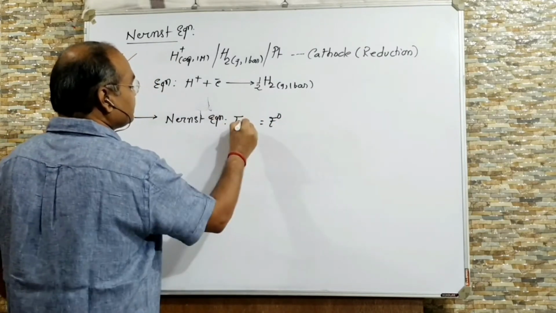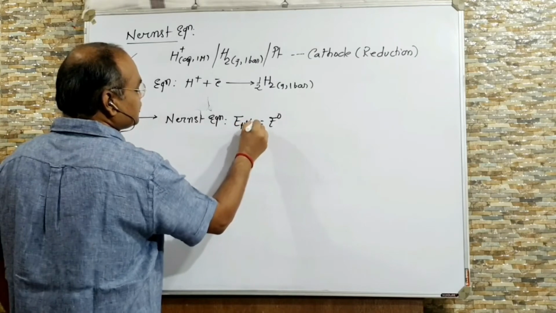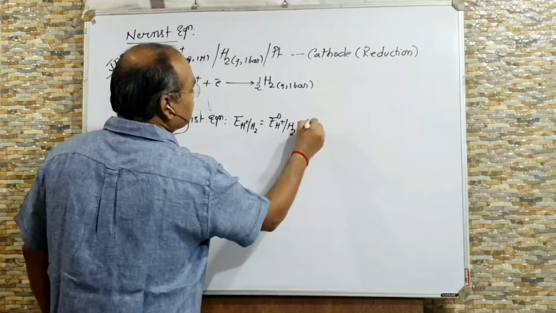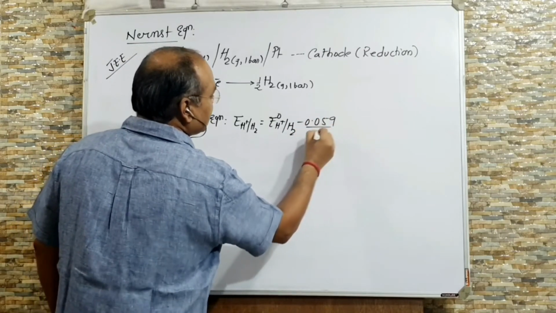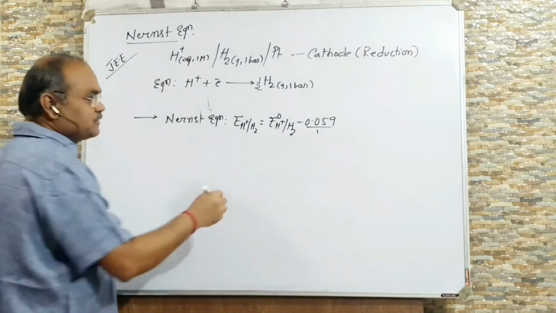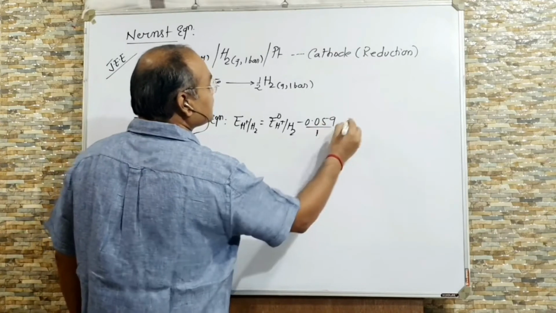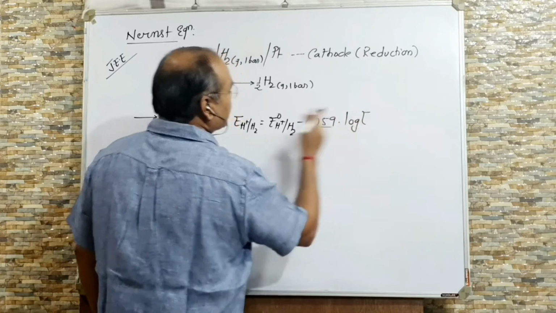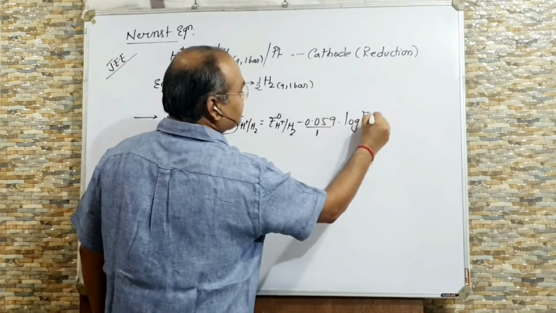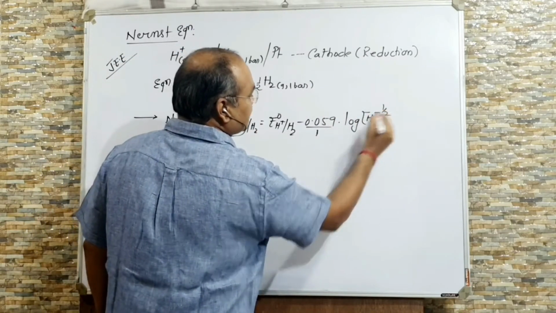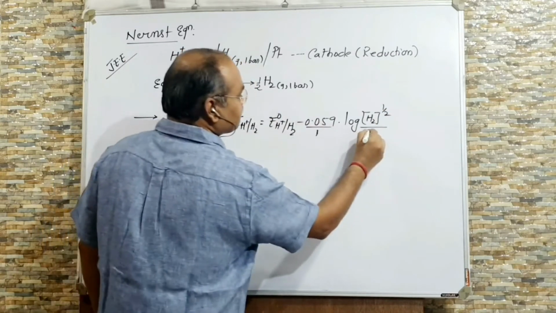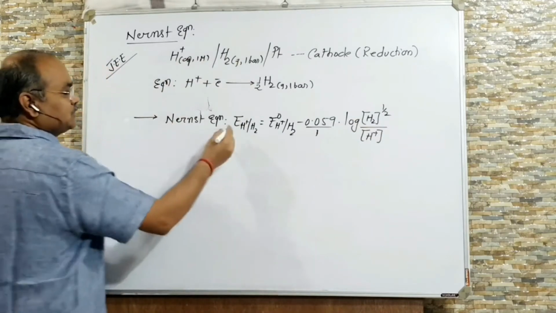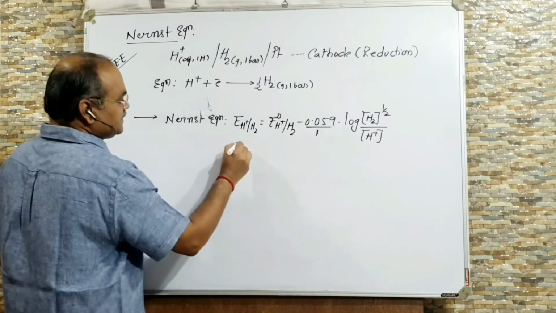So you can write here E of H+ | H2 is equal to E0 of H+ | H2 minus 0.059 by n, where n is the number of electrons transferred, which is 1, right, into log of product, which is H2 raised to half, divided by H+.